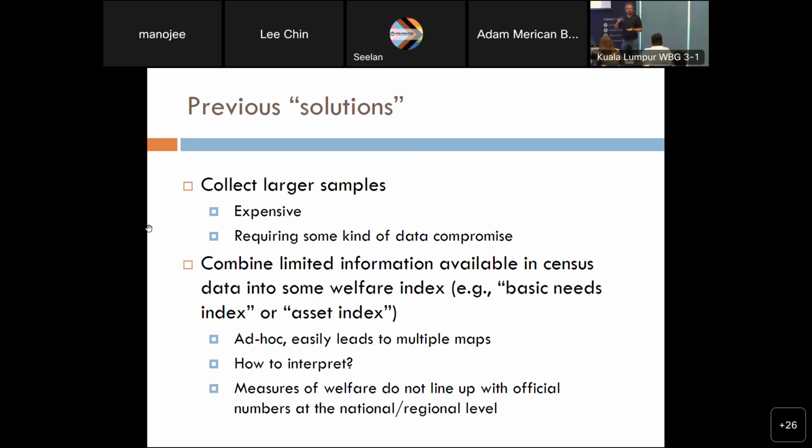So if your country uses its household income or consumption survey to monitor poverty at the national level, and maybe at the urban rural level, there is something attractive about being able to use the exact same measure of welfare to compute the exact same indicator down to the province and municipality level. Then when you take that poverty map and aggregate it up, you're going to reproduce the exact same official estimates of poverty released at the national and state urban rural level. And that's something you will be able to achieve with this type of poverty mapping exercise.